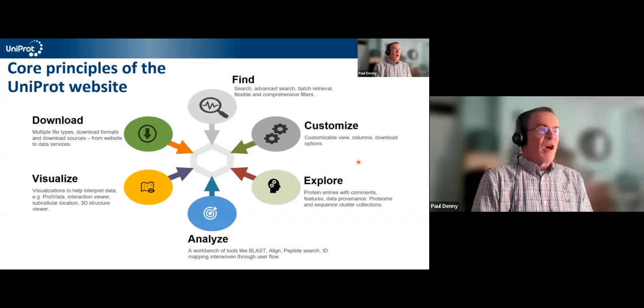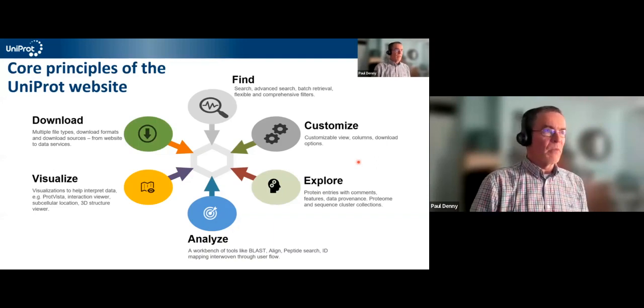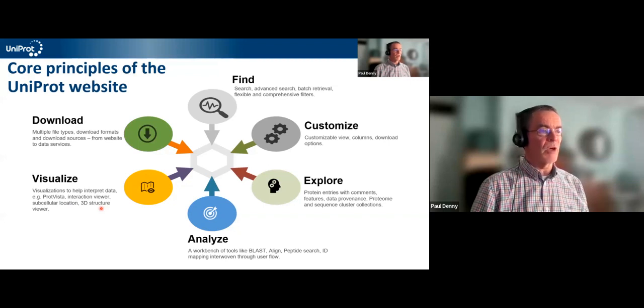So our UniProt website has a number of core aspects or principles to it. One can download data in multiple forms. It presents multiple different visualizations of the data in UniProt. So, for example, you can look at 3D structures within the UniProt entry for a particular protein. You can search for proteins.